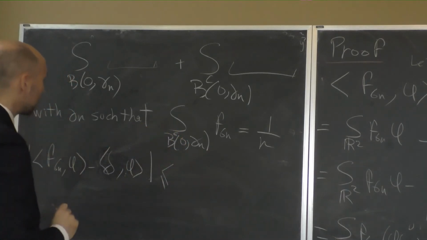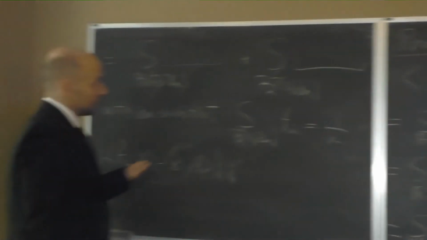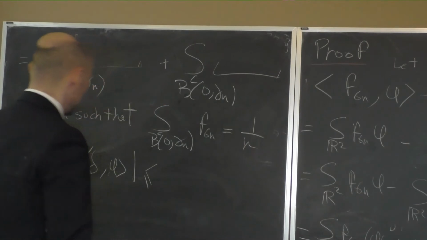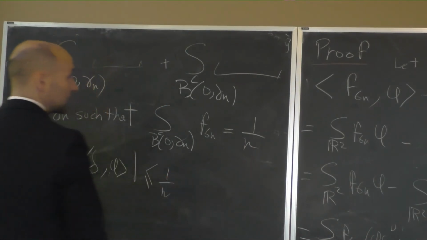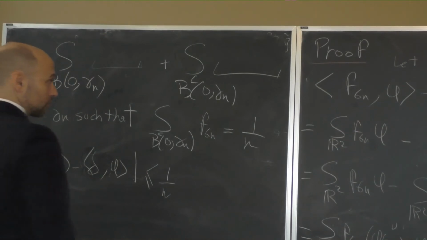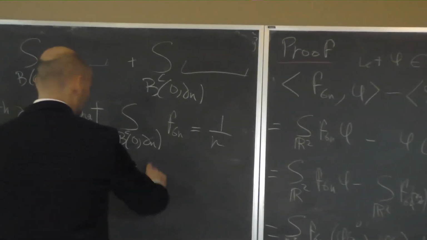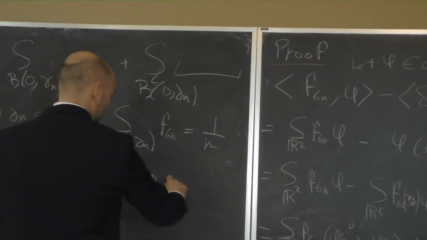So if we have that, I can bound the absolute value of that by 1 over n times, and this term here, I can bound it by the maximum.